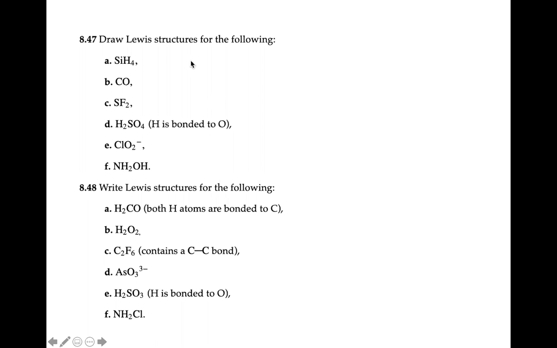These examples that I list right here of trying to draw Lewis structures, I think you're now in a really good shape to be able to give these a try. These are giving you some clues as far as what the central atom is going to be. I highly recommend seeing if you can improve your skill with Lewis structures before our next class.